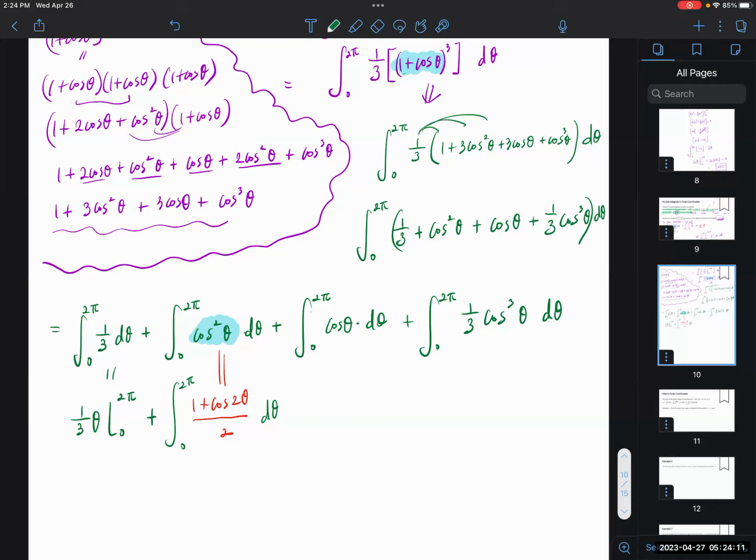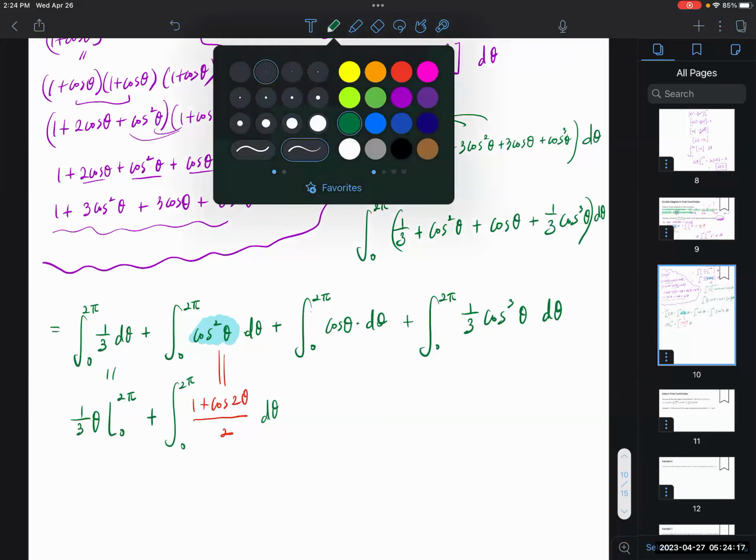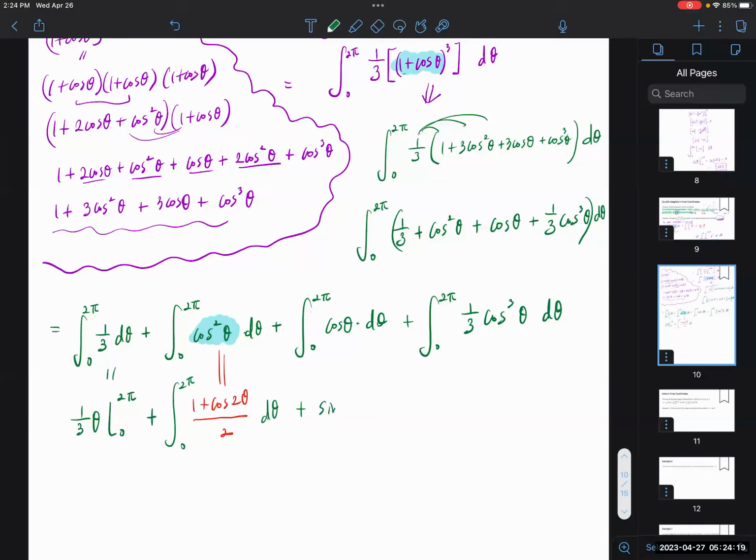Anybody remember? Somebody can tell me. It's sine theta. So it is going to be just sine theta, 0 to pi. And then I have 1 over 3. So many people are a little bit confused. Cosine cubed theta, I can convert it to cosine squared theta times cosine theta d theta. So they are the same. I just break them into 2 and 1.